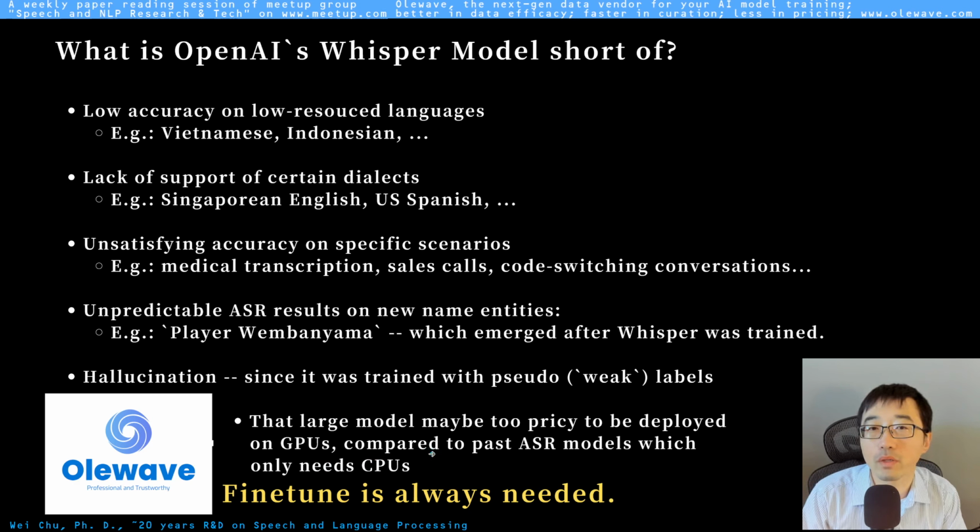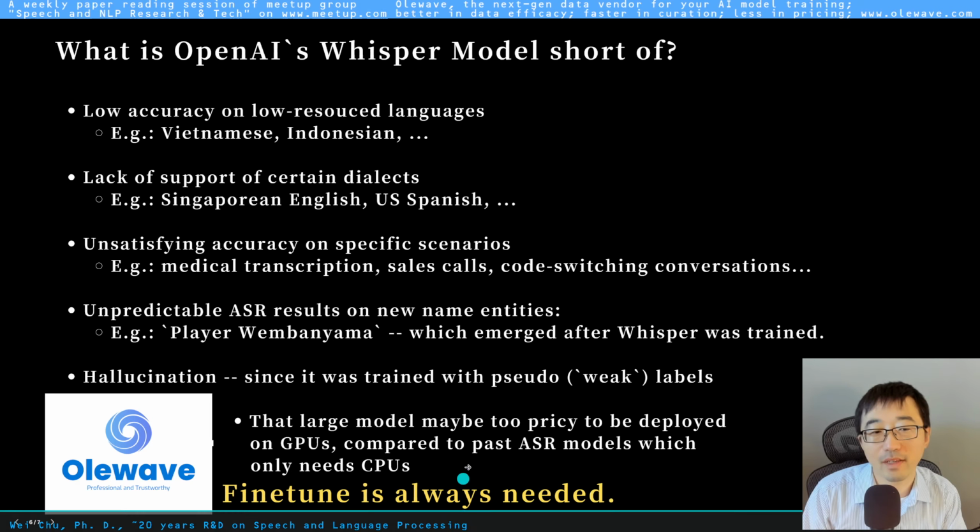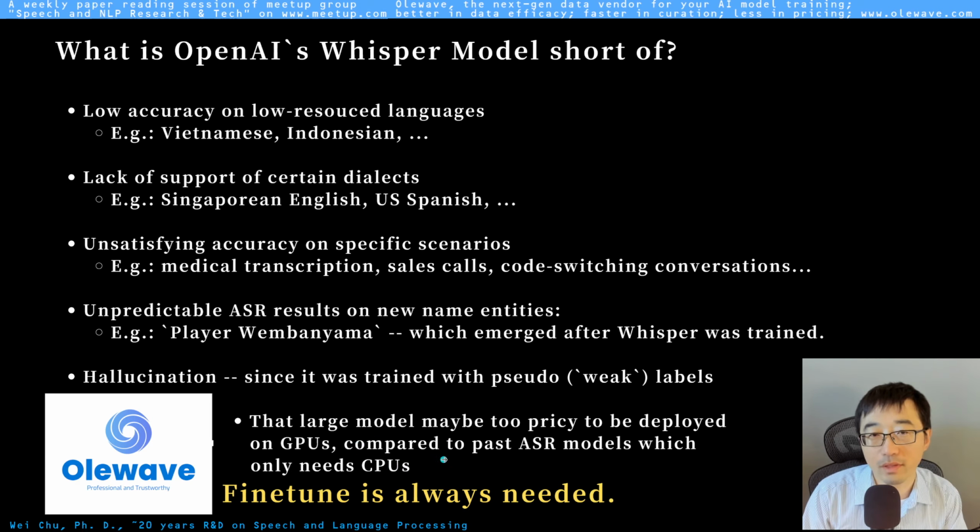You may say, okay, wait, what should we do if we want to use the model for my own purpose? Then fine-tuning is the answer. Especially for the last one, I'm going to talk a bit about this. You can play with something called transfer learning, and there are lots of open source toolkits for doing this. So you can go from the large model to smaller models and even tiny models.